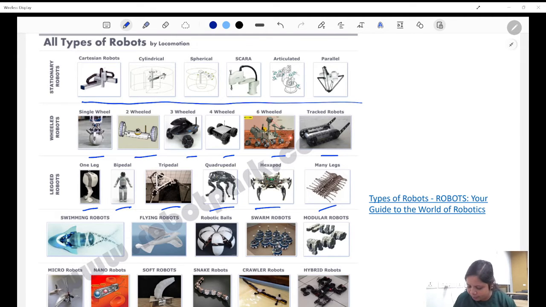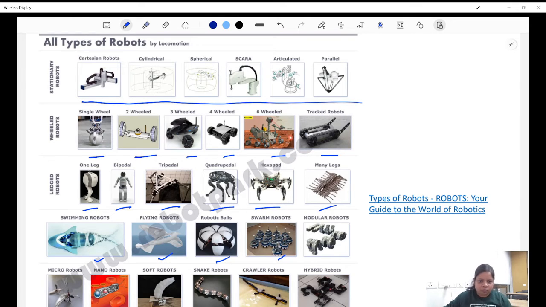Then there can be swimming robots, flying robots, robotic balls, swarm robots. Swarm robots are multiple robots that want to move in a certain way. You might have seen a swarm of birds, right? The pattern in which they move is really interesting.